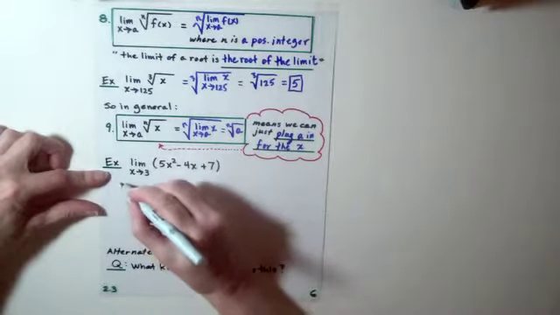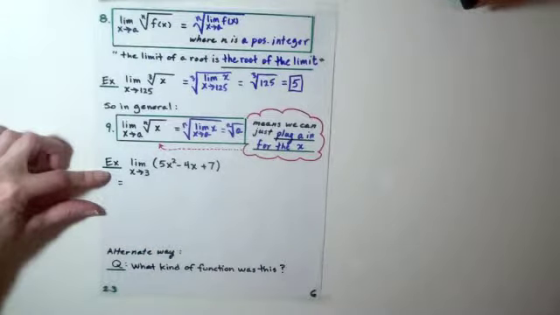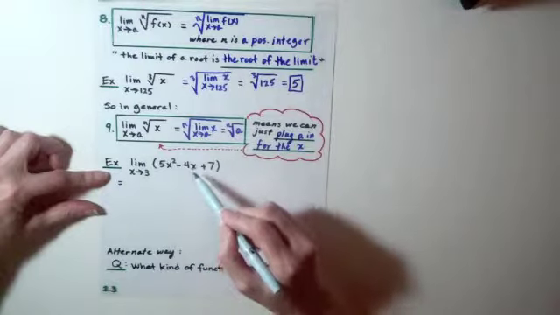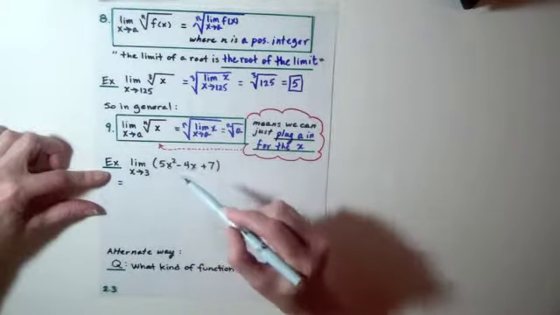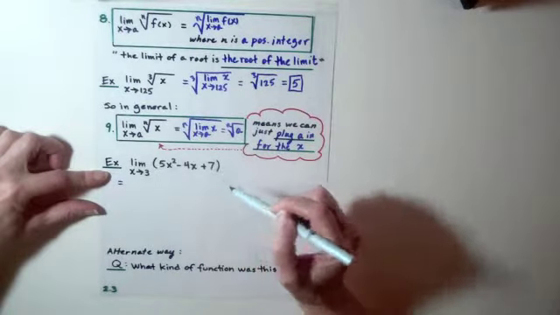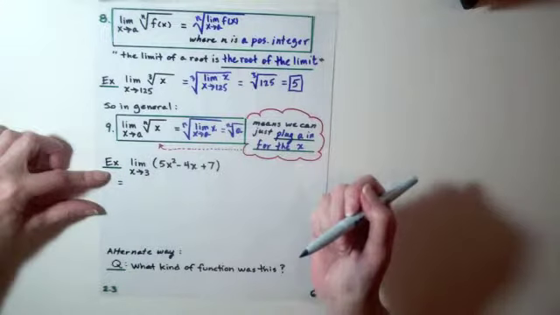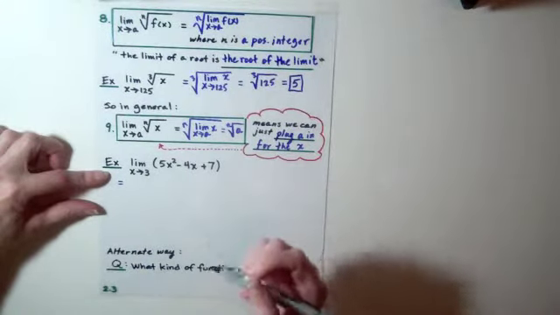But for the time being, to understand why we can do it the fast way, I want us to do it step by step. The first thing I'm going to do is to break this up. Notice that it's a difference and sum of functions. We have 5x squared minus 4x plus 7. So I can use my difference law and my sum law to break it up into a difference and sum of individual limits.